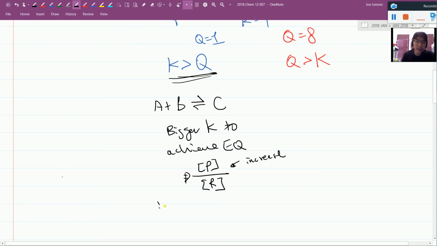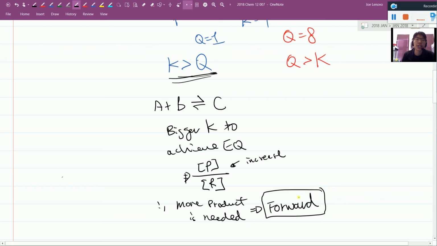So therefore, the reaction needs to become more product. If more product is needed, that means the reaction is going forward. You need more forward reaction to achieve equilibrium. It's going towards the right-hand side. That is what we predict if K is bigger than Q.